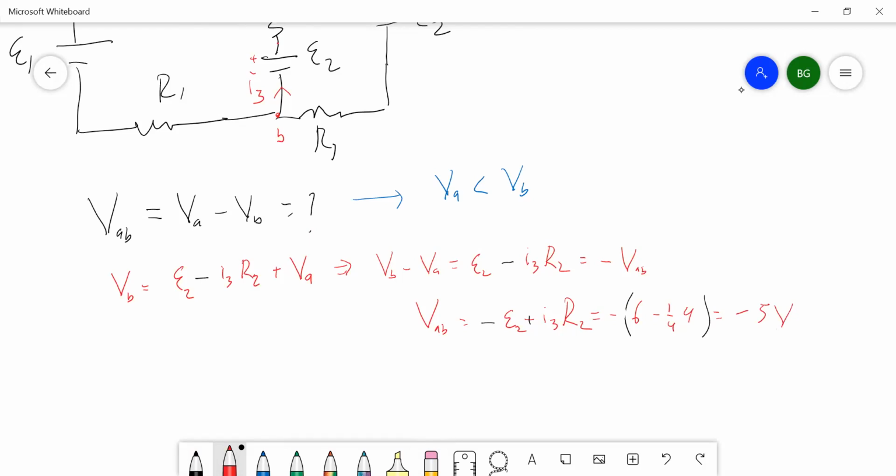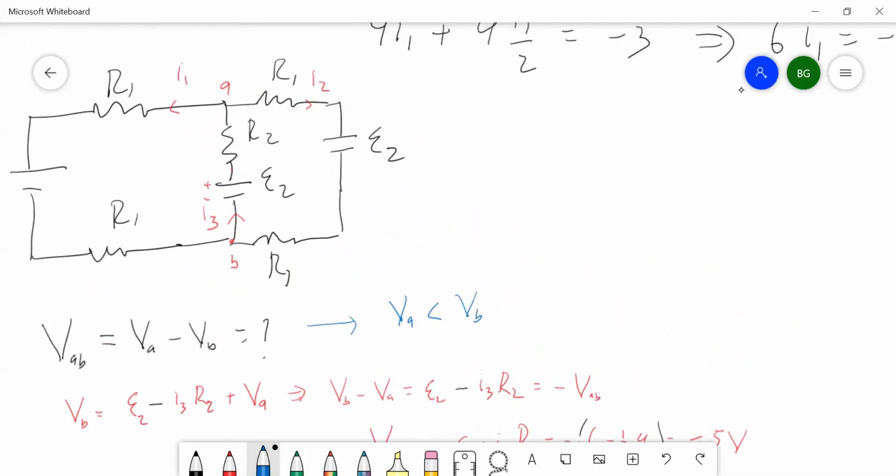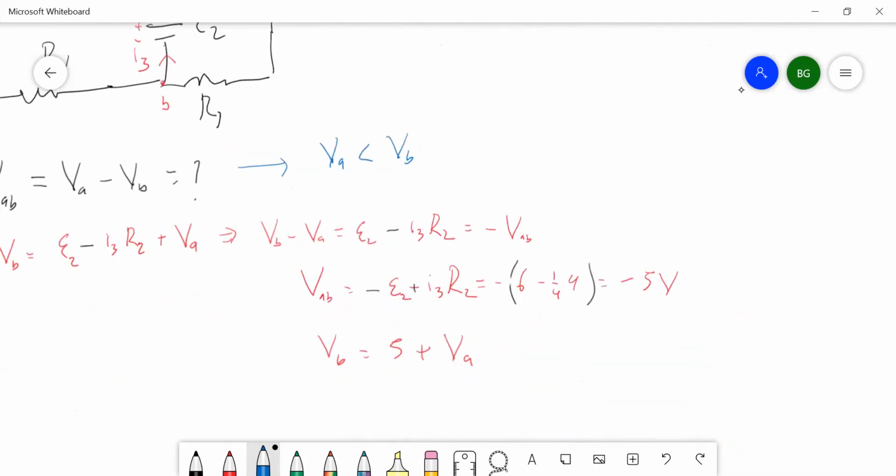Sorry about that. So you see VB is 5 plus VA, because we have the direction from B to A, so the potential VA is less than potential VB. Any question?